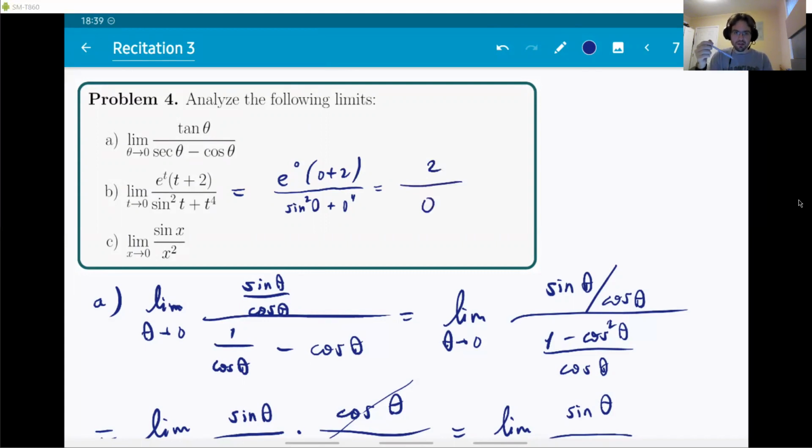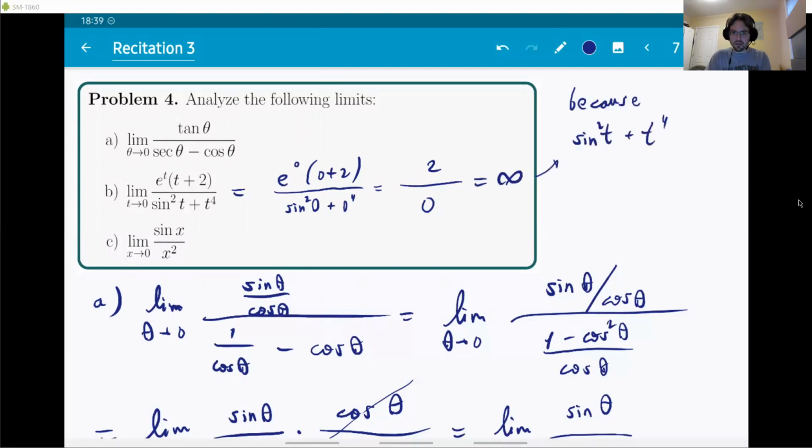We just have to understand the sign. And it turns out that it doesn't even matter which side you're coming from. What is the sign of this downstairs 0 here? It's positive. And we can say this is because, just look at the denominator function. You have a square and then also a fourth power.